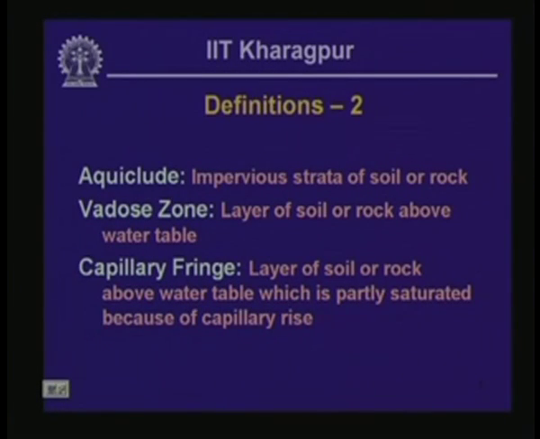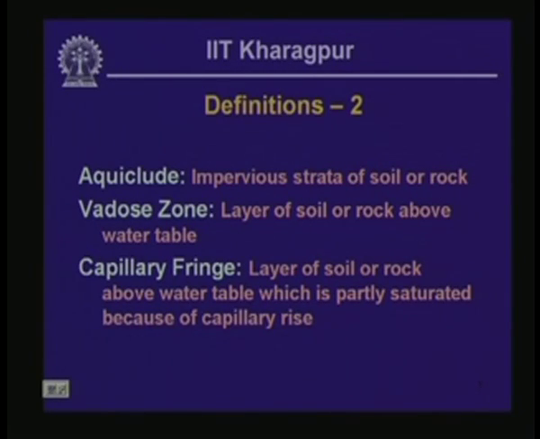Another definition is the vadose zone. Vadose zone is the layer of soil or rock which is above the water table. And then the definition of capillary fringe: there will be a layer of soil or rock above the water table.